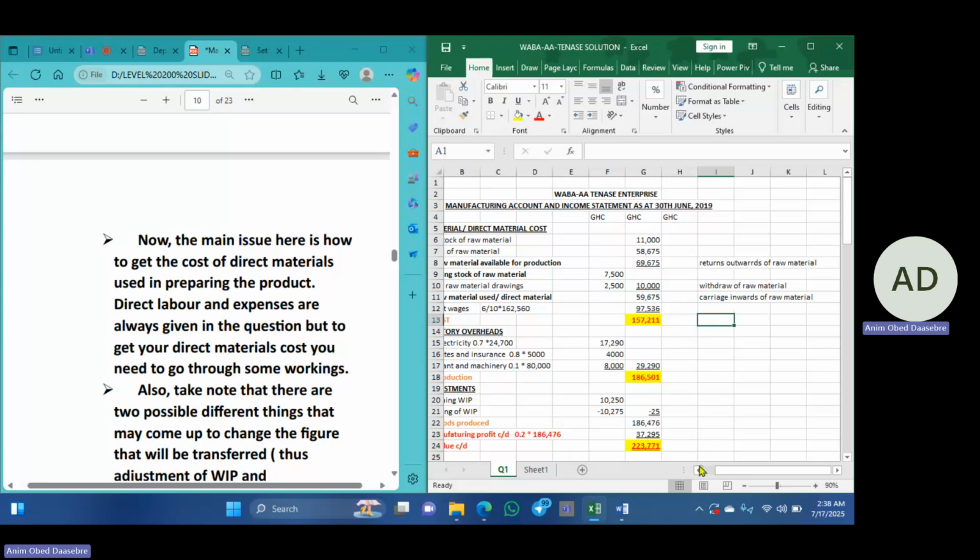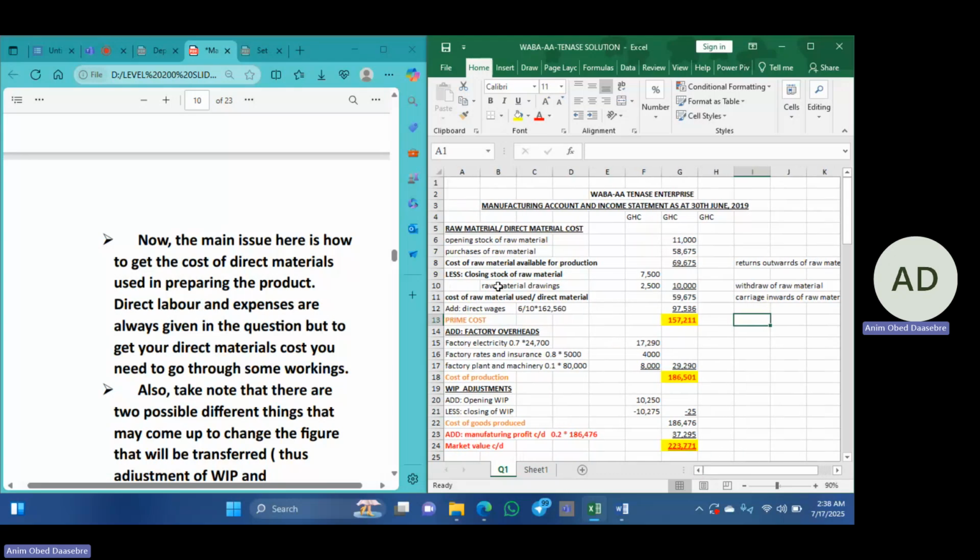Then after doing this, you get what we call the cost of raw materials available for production. As in the income statement, you see cost of raw material available for use, but here you see cost of raw materials available for production.